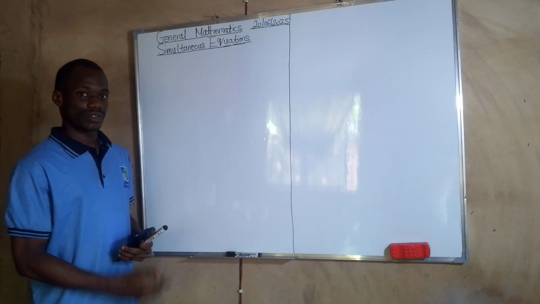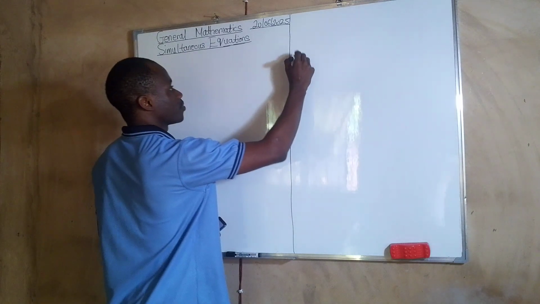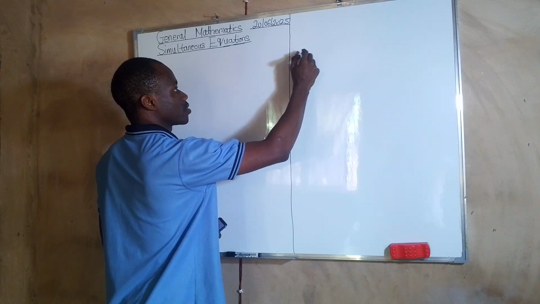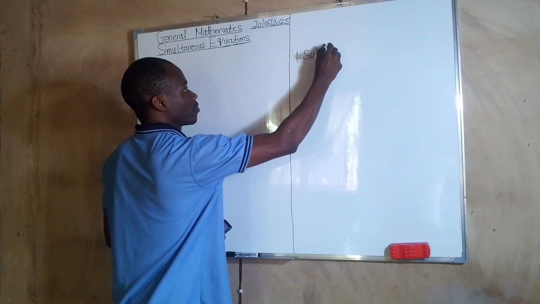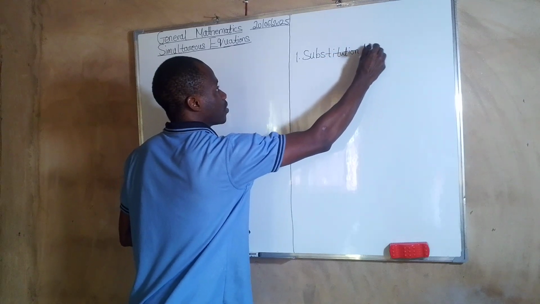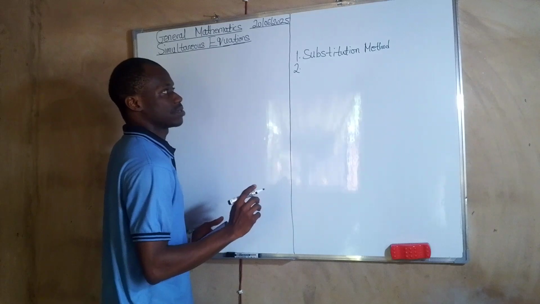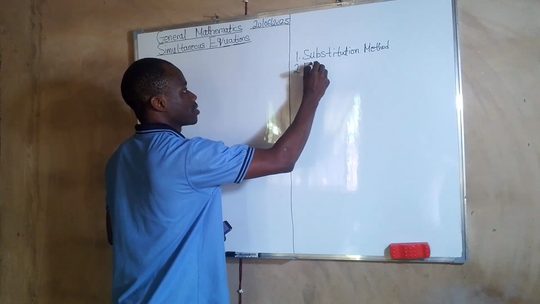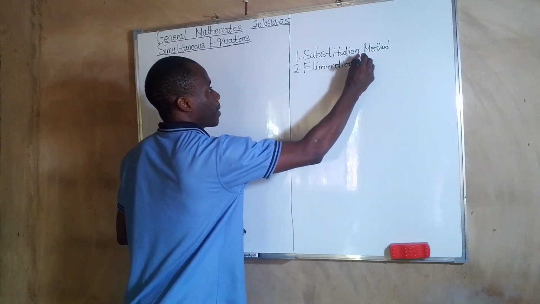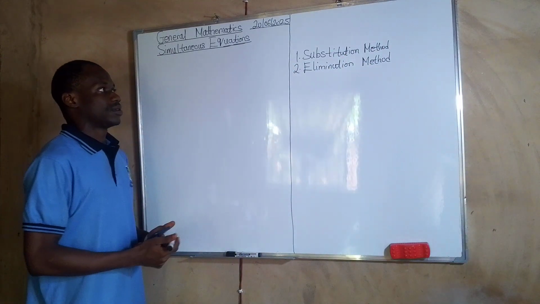So there are two methods of solving a simultaneous equation. The first method is the substitution method, while number 2 is the elimination method.